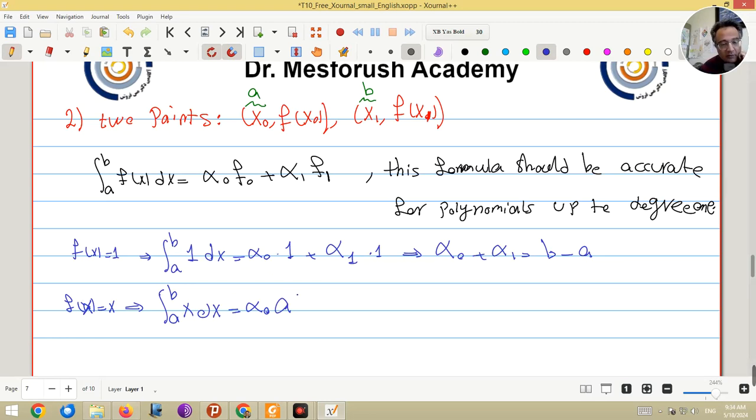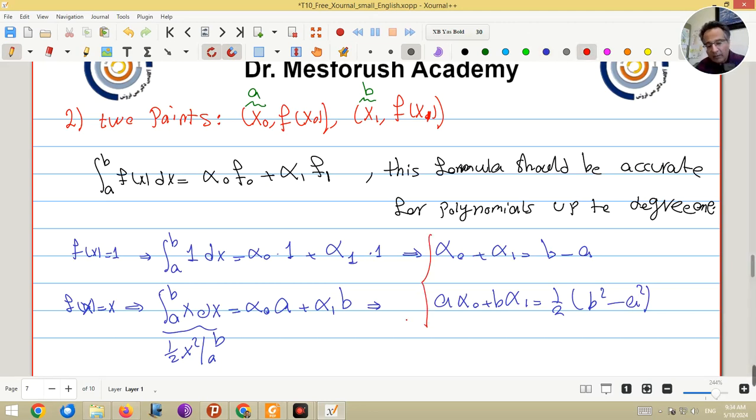Okay, so alpha 0 a plus alpha 1 b, or maybe it's better to write a alpha 0 plus b alpha 1, and this integral is half x squared from a to b, and it will be half times b squared minus a squared. Okay, so in fact we get a system of equations like this.